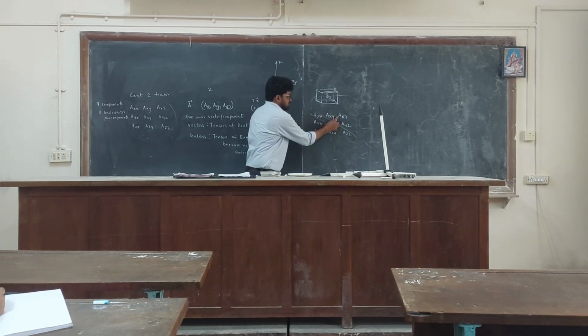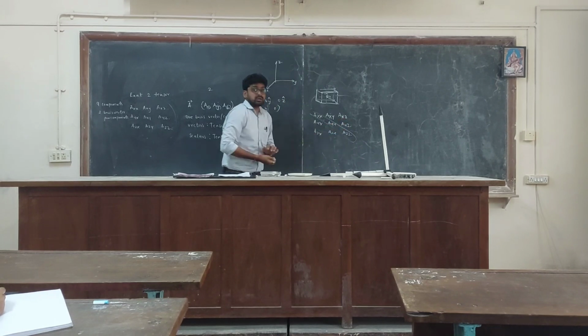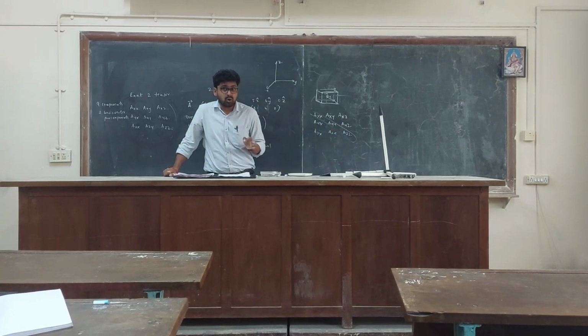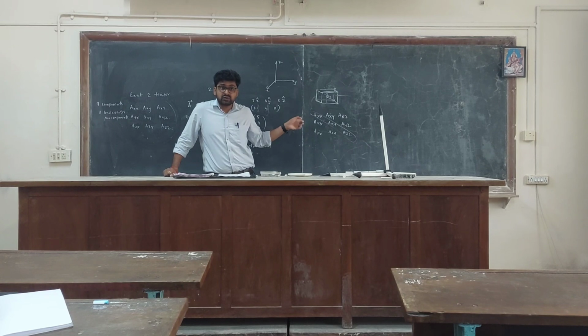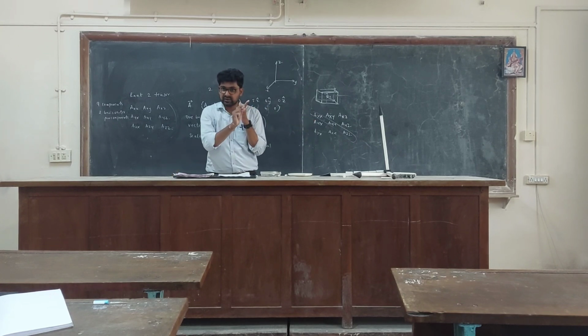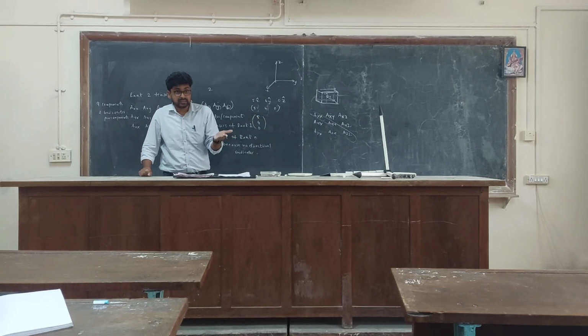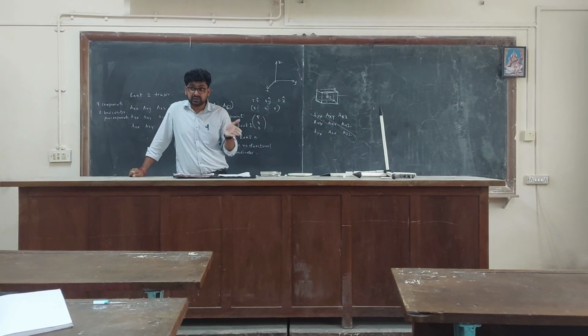Or y directional force whose area vector points along the x direction, z directional force whose area vector points along the x direction. So in order to completely characterize all the possible forces on all the possible surfaces, you need 9 components and 9 sets of 2 basis vectors, because there are 2 directional indicators here. One is the area vector, one is the force. Suppose there are 3 directional indicators, then you will need 27 components and 3 basis vectors per component.